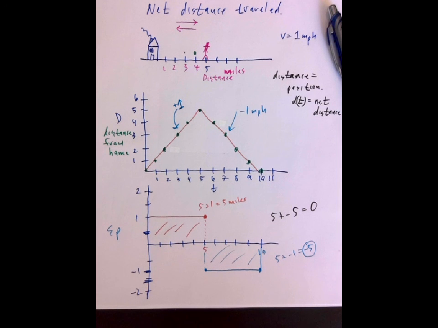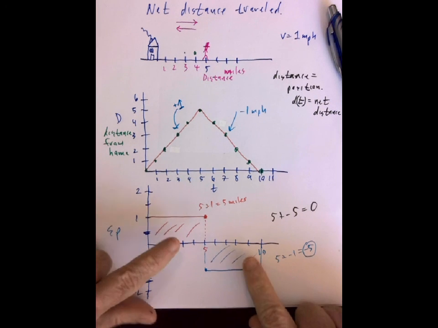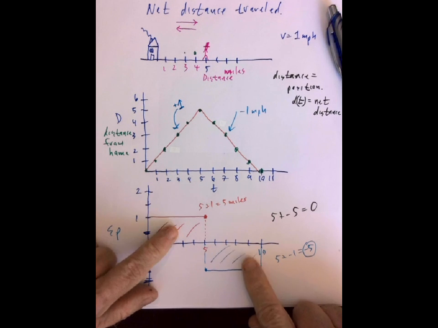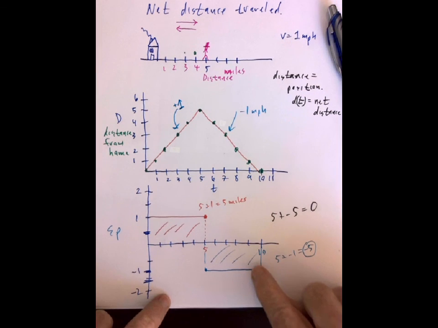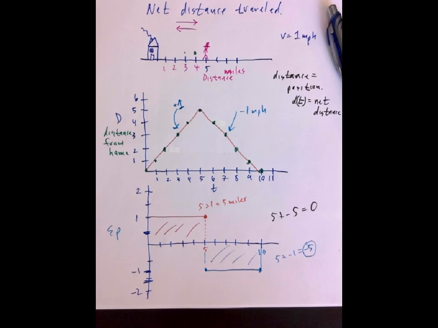When John walked back to the house, his position was 0, the same position as when he had started, right? It's like we throw a ball up in the air. It starts out at 0, it goes up and it comes back down, and its position at the end of the travel, its height, is equal to 0, right? So his distance is 0, and you notice that this negative distance and this positive distance cancel each other out and give us a net distance of 0.